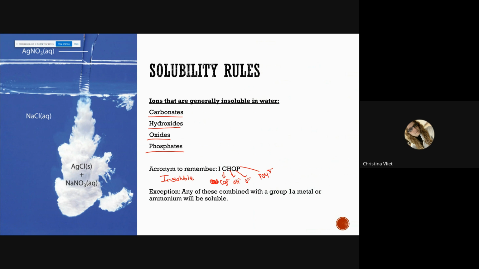Now what about exceptions? Is there any positive ion I could put with an insoluble ion that would make it soluble? Is there anything I could put with a carbonate that will be soluble? Let's have Sophia check.